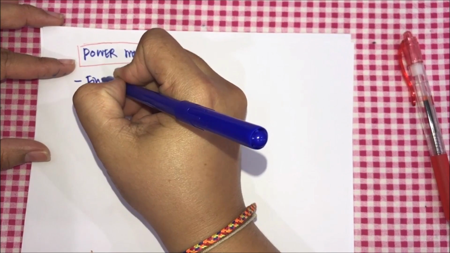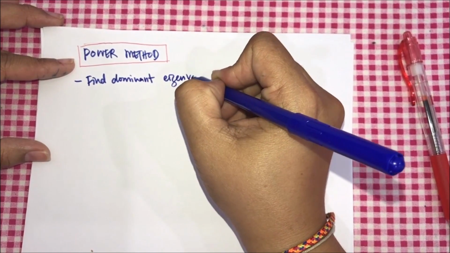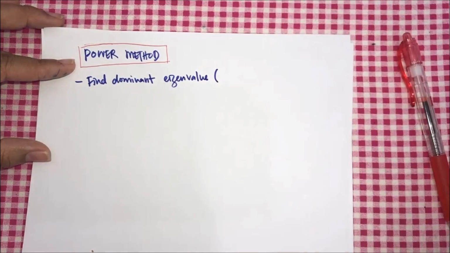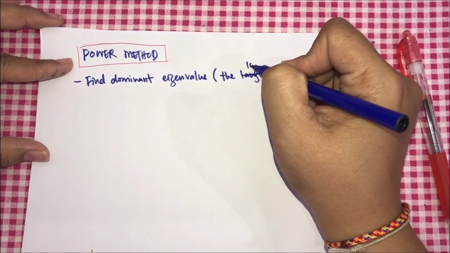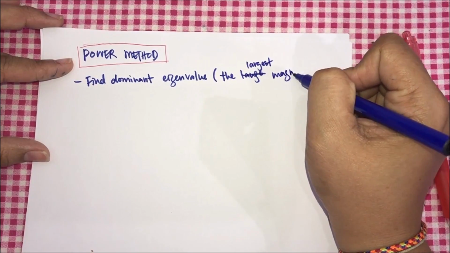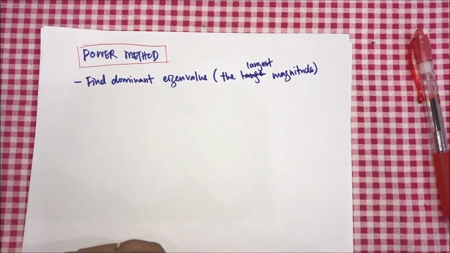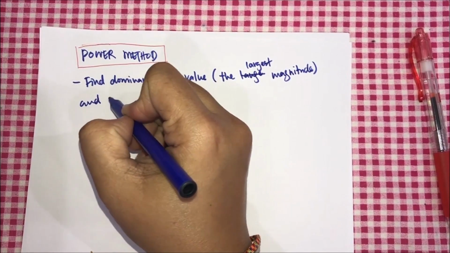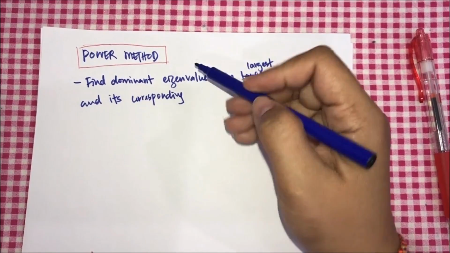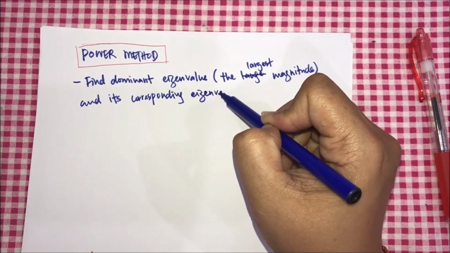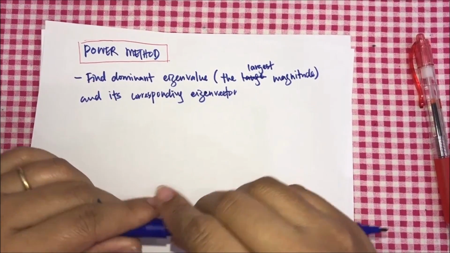This means we have to find the dominant eigenvalue, or we can say the eigenvalue with the largest magnitude, and its corresponding eigenvector, for a square matrix.